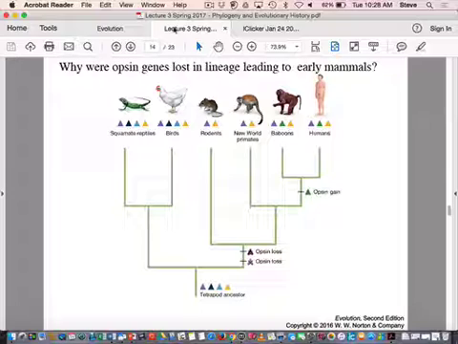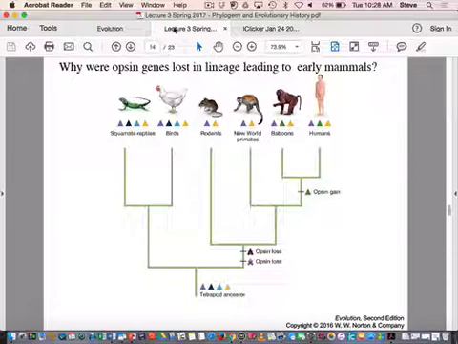You'll be doing this a lot in lab. When you look at rodents, what do they have? They have 2. And what do the New World primates have? They have 2. So what happened along that branch that led to rodents and the common ancestor to especially the New World primates? What were lost?